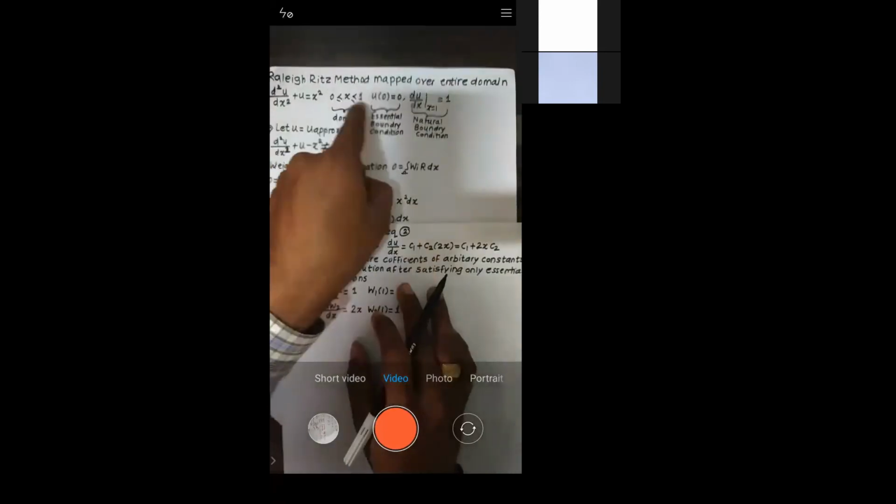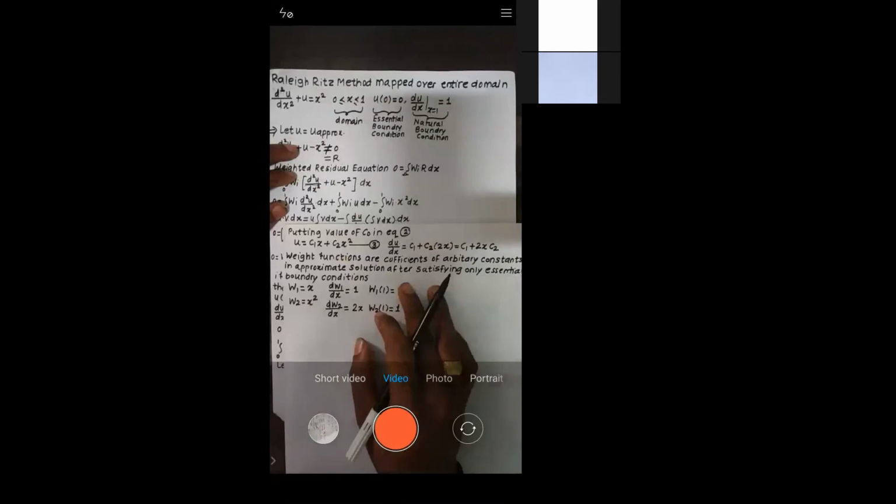So I should specify the value of x only between 0 and 1. Is it clear?